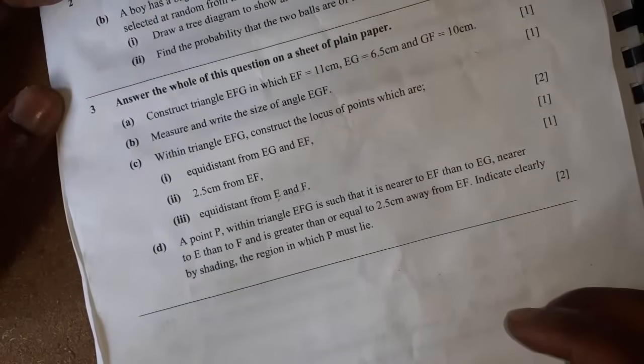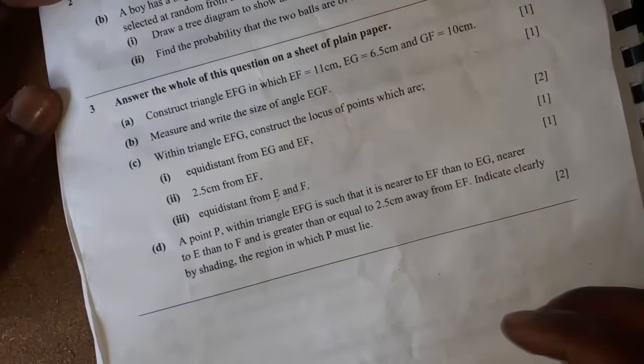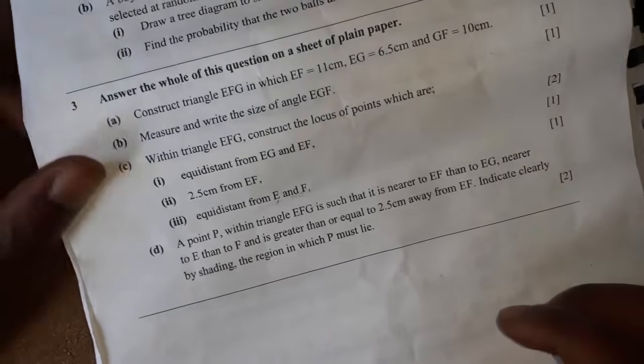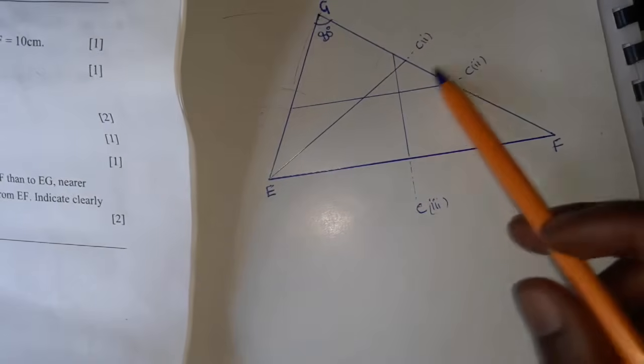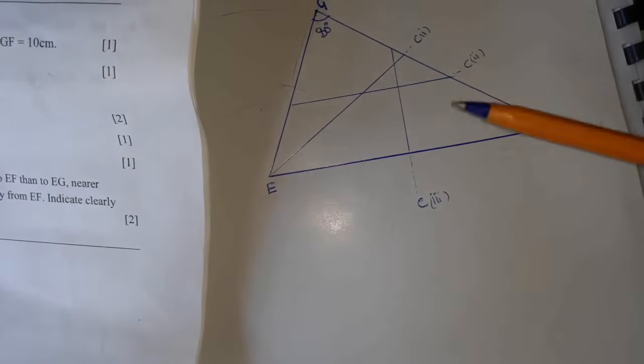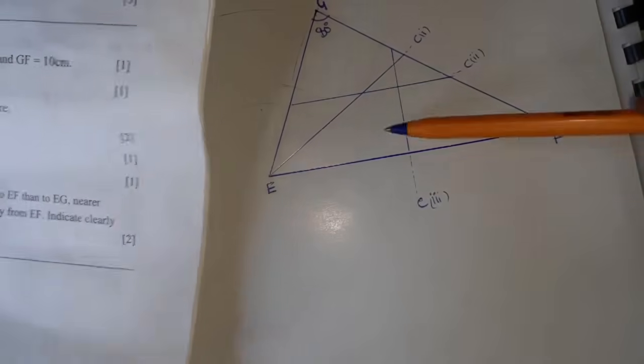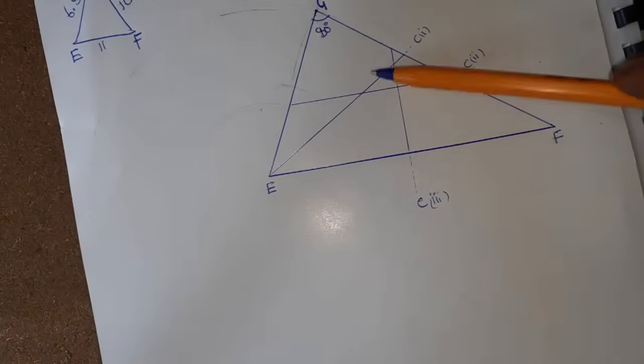You can read D. A point P within triangle EFG is such that it is nearer to EF. Now we are looking at this one, so meaning it is this side here, nearer to EF.